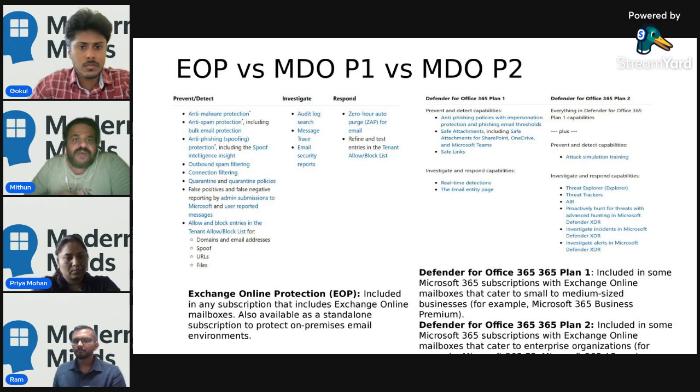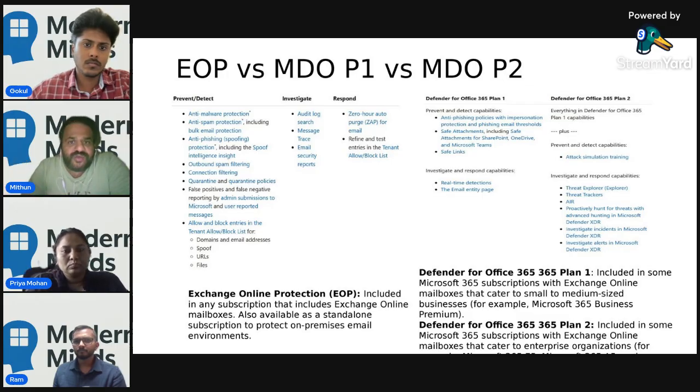When it comes to investigation, as I said, EOP doesn't have many tools. If you look at the first image, you can see only three options to investigate. The first is audit log search, with the help of which you can understand what has happened in the tenant, nothing beyond it. The second is message trace, with the help of which you can investigate certain things up to some level, such as whether it was delivered to junk or to quarantine.